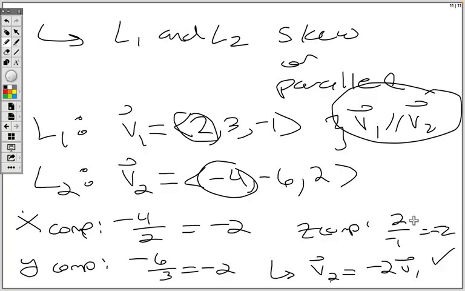Since the direction vectors for the lines are parallel and the lines don't intersect, that means that the lines L1 and L2 are parallel.